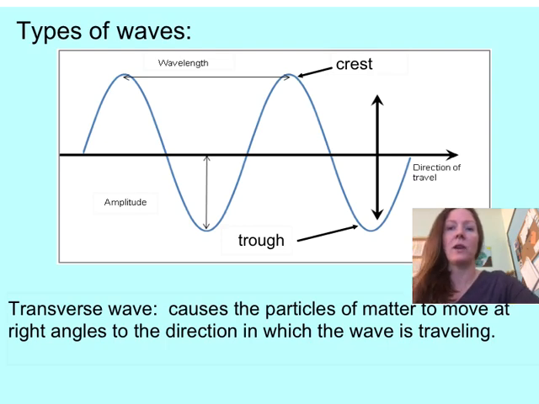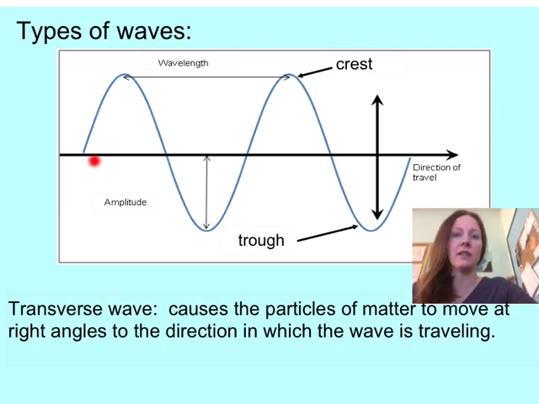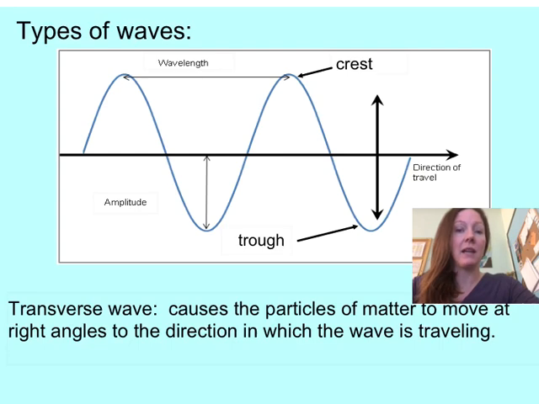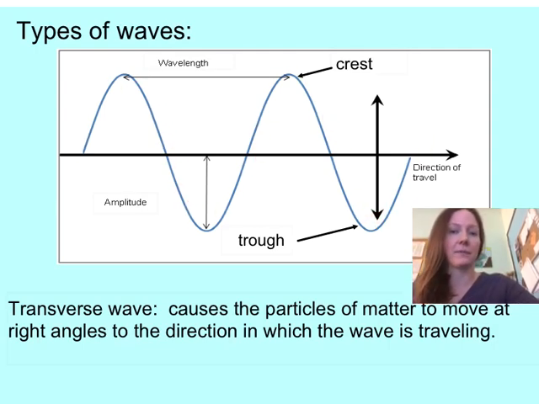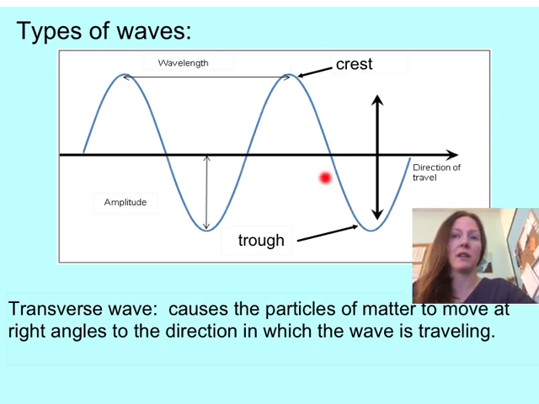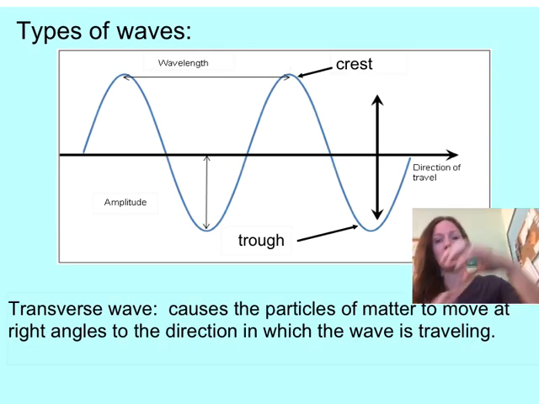And that's because when a transverse wave travels, if this is the direction of the energy that's traveling, say the rock is dropped over here, the energy is traveling away from it, the medium, what it's traveling through, moves at right angles to the direction of the energy, forming, in this case, in our water case, ripples. So we see those ripples because the molecules are moving at right angles to the direction.